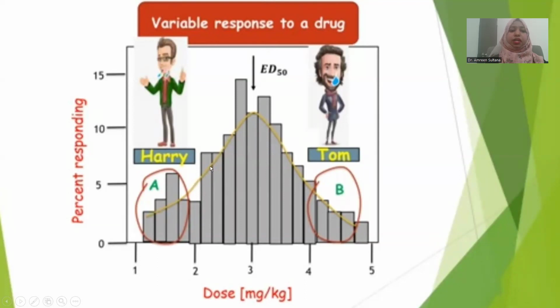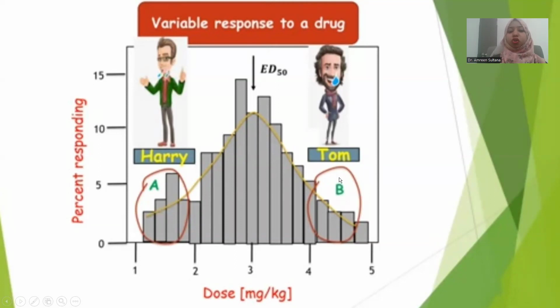Harry was consuming the same normal dose of the drug, but his hypertension was converted to hypotension. It is nothing but an extension of the pharmacological response of the drug. Based on that, Harry went from hypertension to hypotension.